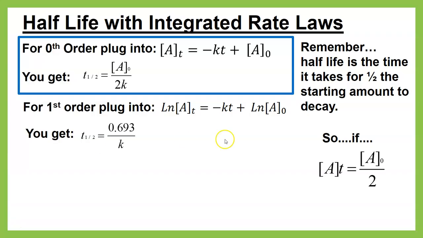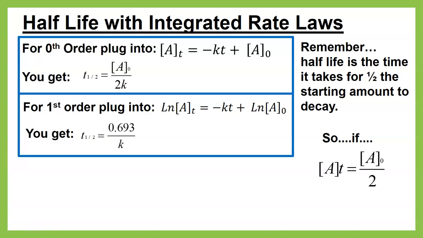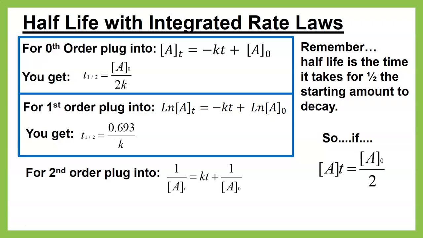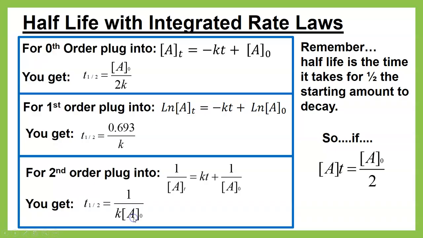Because we're taking half-life and we have natural logarithms involved for a 1st order, that's why we end up with ln of 2. You could either remember this as ln of 2 or you could just memorize 0.693. It really doesn't matter. For 2nd order, our half-life ends up being 1 over rate constant times our starting concentration.